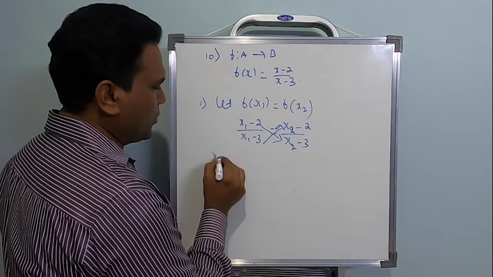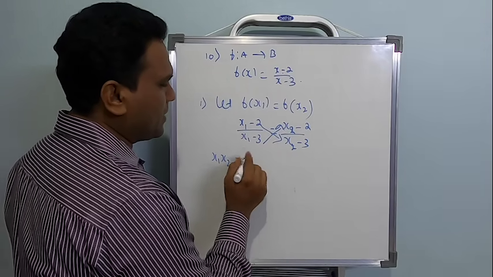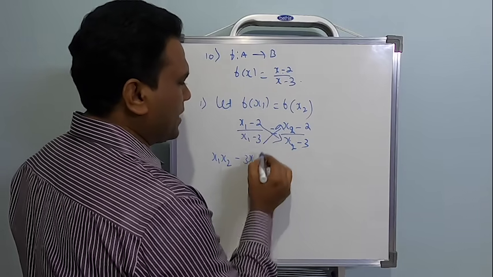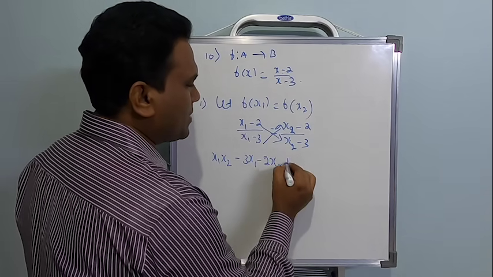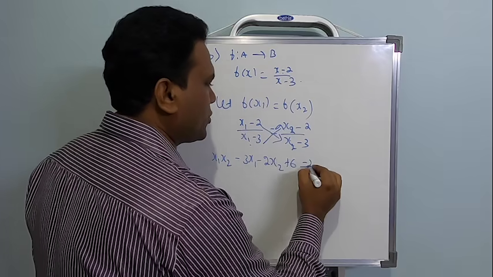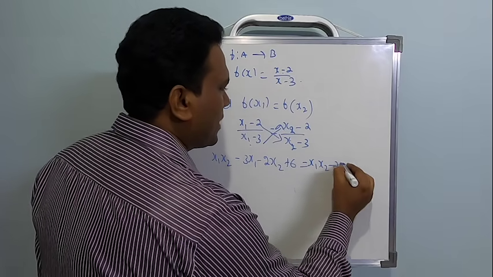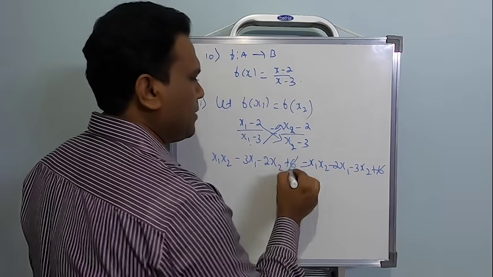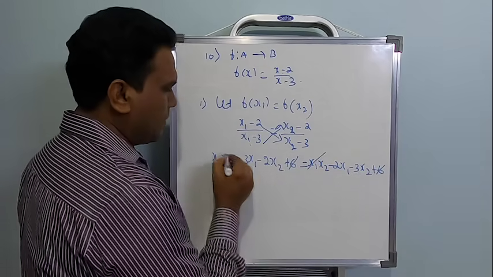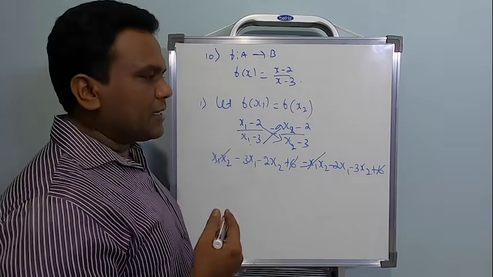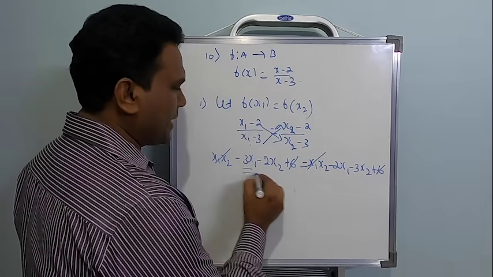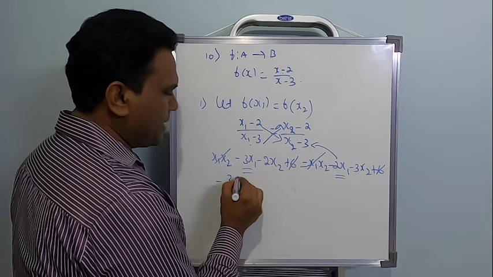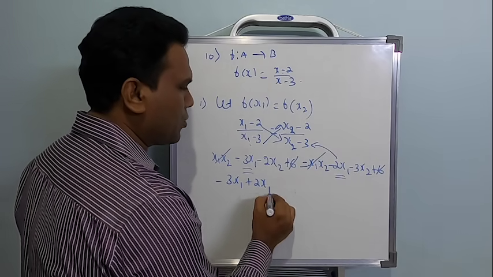On multiplying these two, x1 x2 minus 3x1 minus 2x2 plus 6. Multiplying these two, x1 x2 minus 2x1 minus 3x2 plus 6. Eliminate plus 6. Eliminate x1 x2. Let me collect the x1 terms to one side. There is minus 3x1 minus 2x1. Shift this to the left side. So minus 3x1 plus 2x1.